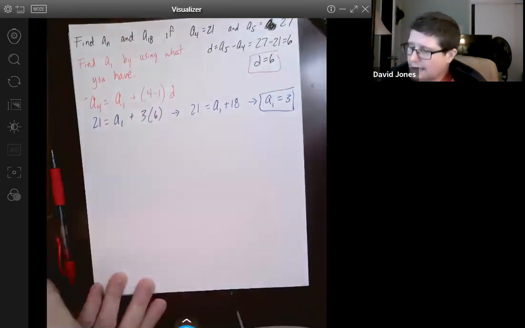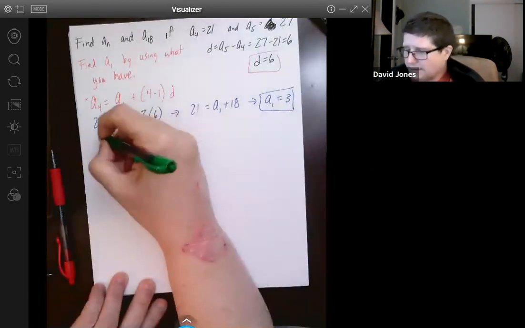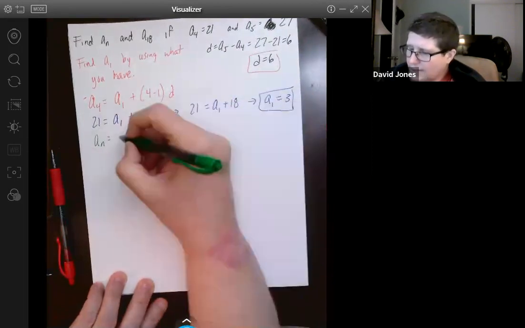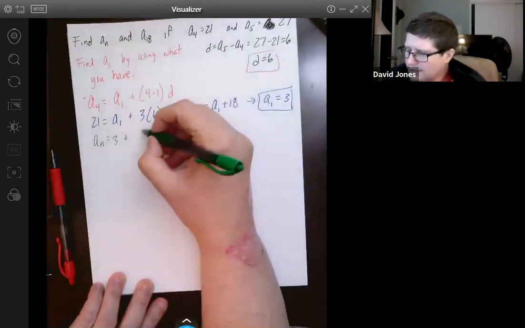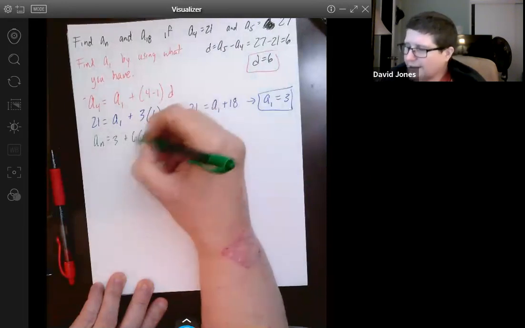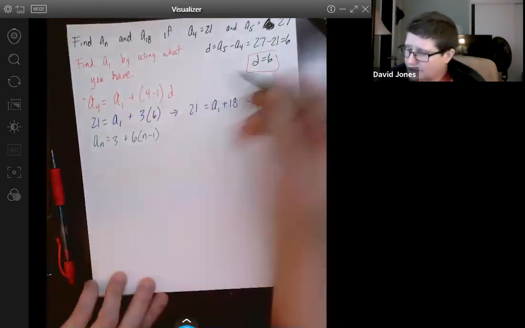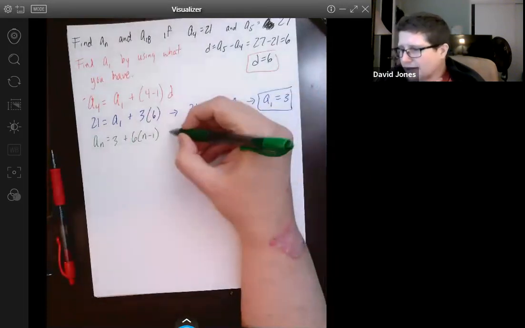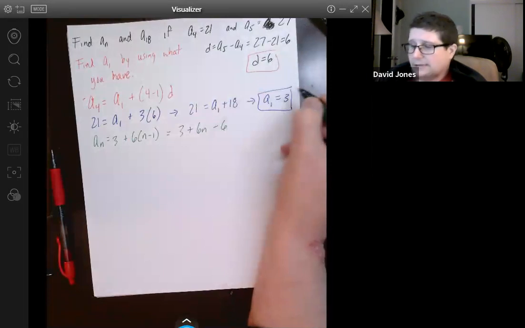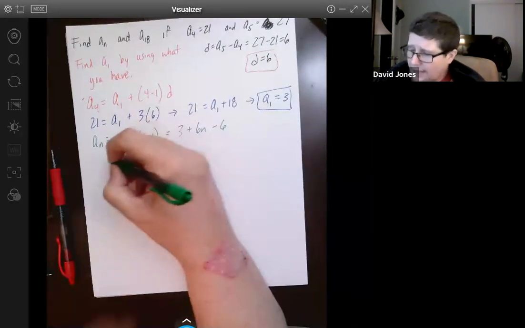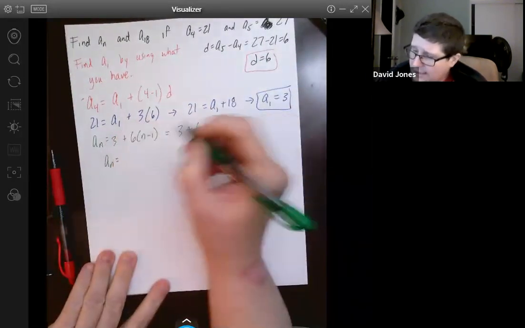Which means a sub n is 3 plus n minus 1 times d, and I'll put the d in front. And just like I did last time, I'm going to clean that up. I'm going to distribute. This is 3 plus 6n minus 6. So a sub n equals 6n minus 3.